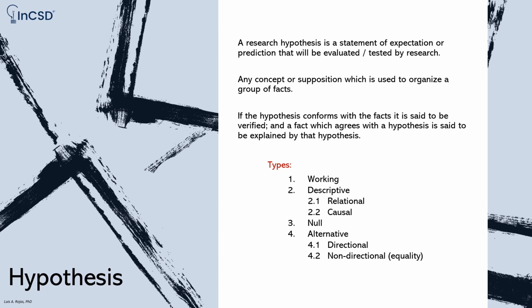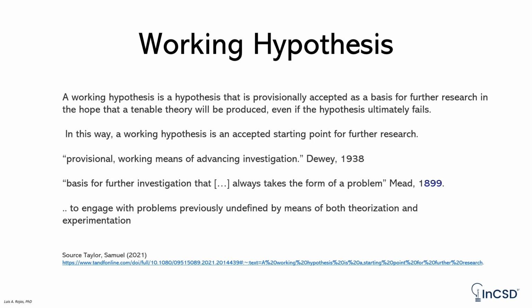Hypotheses can come in different types: working hypothesis, descriptive, divided into relational or causal, the null hypothesis, and the alternative hypothesis, which could also be divided into directional and non-directional hypotheses. A working hypothesis is a hypothesis that is provisionally accepted as the basis for further research, in the hope that a tenable theory will be produced, even if the hypothesis ultimately fails.